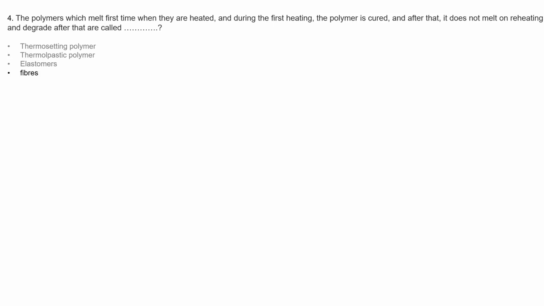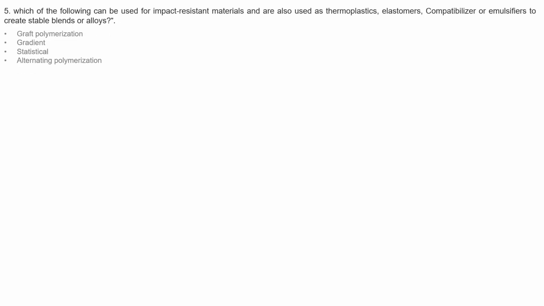You all must have encountered rubber in some way or the other. You can stretch it and release it, and it comes back to its original shape. That is the elastic behavior of the material. So the answer for this question is the thermosetting one.